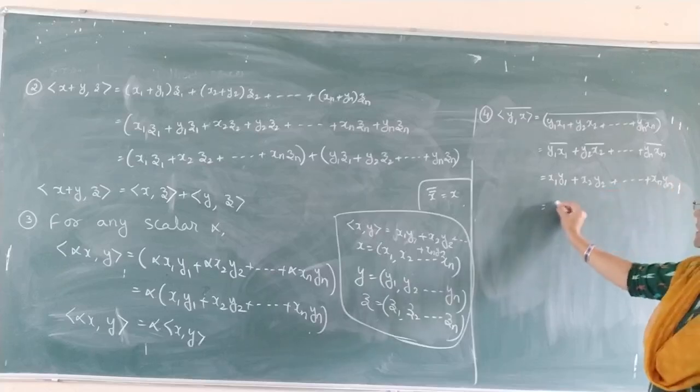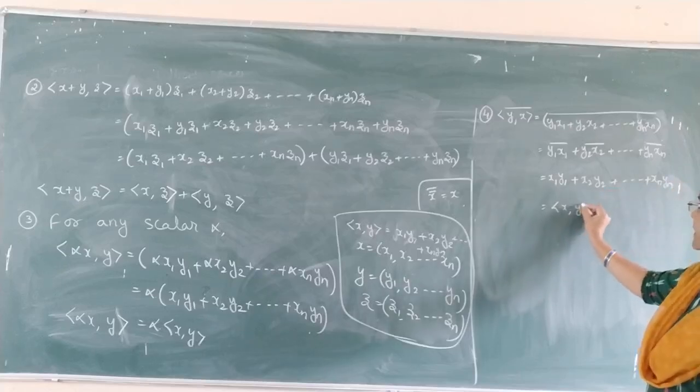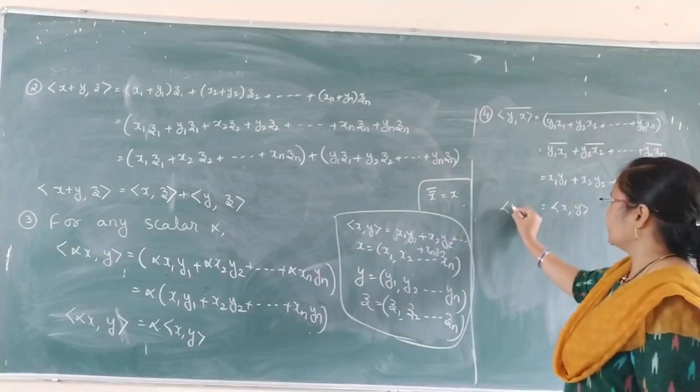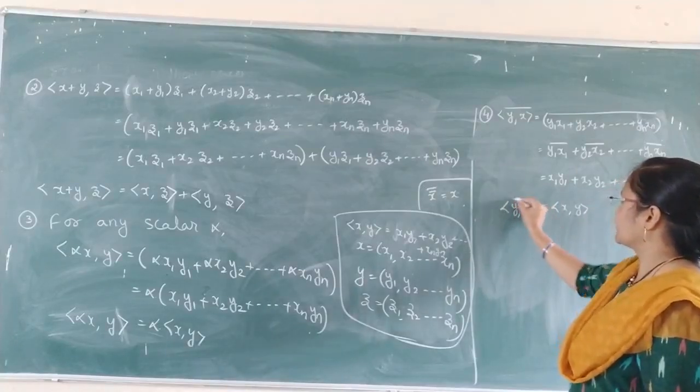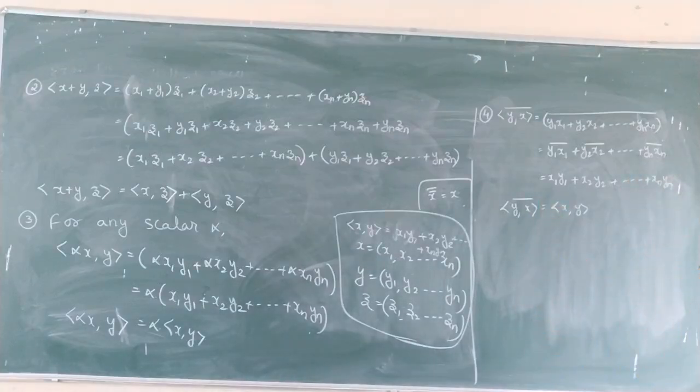Now this entire thing is nothing but the inner product of x comma y. So what we got: the inner product of y comma x whole bar is equal to the inner product of x comma y. Once these properties are satisfied, then the space is called an inner product space.